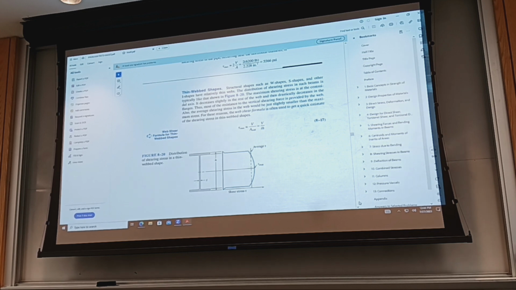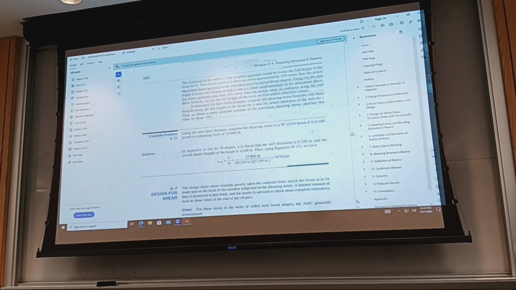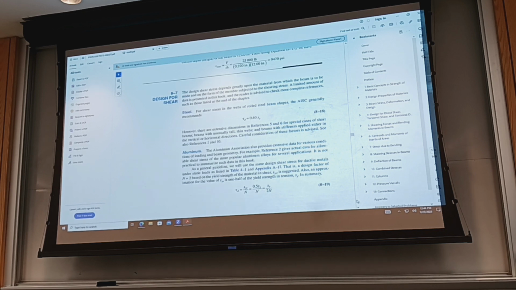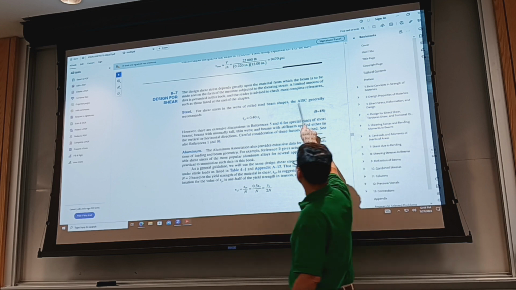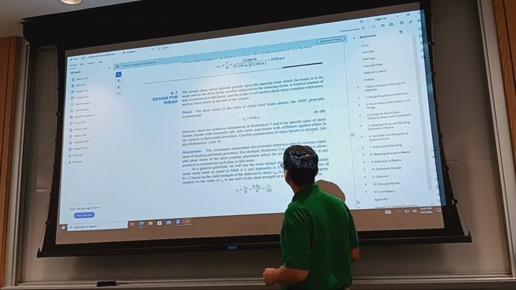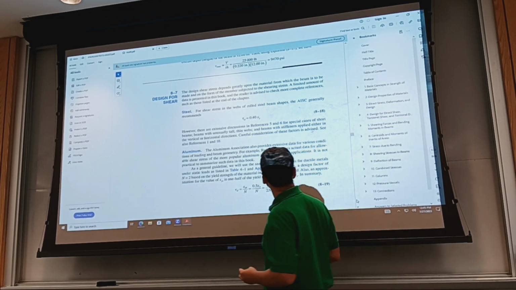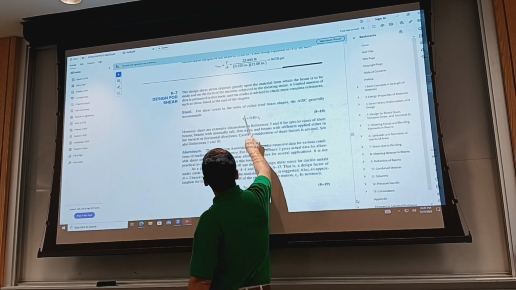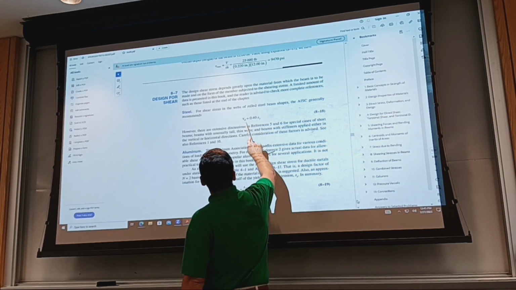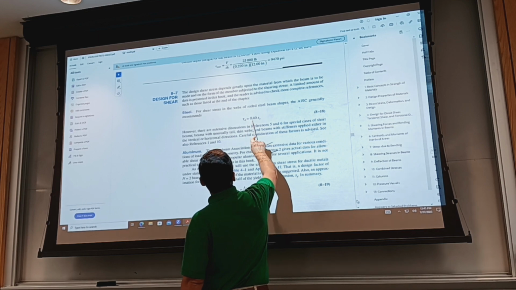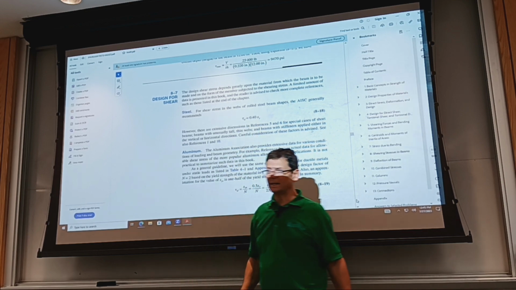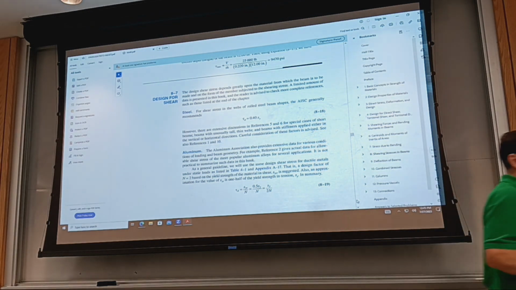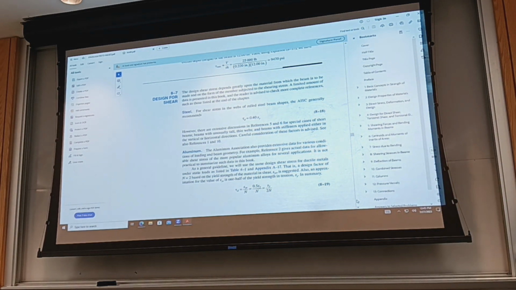All right. When it comes to doing design work for structures, using recommendations from the American Institute of Steel Construction, AISC, I think it is, yes, the design shear stress is essentially limited to 0.4 of the yield strength in tension. That's for steel.